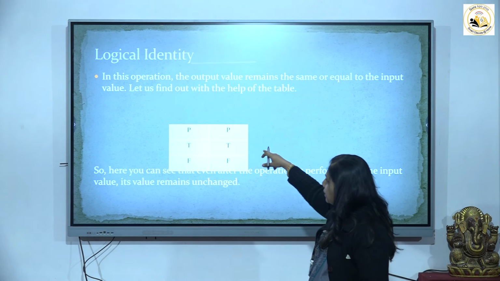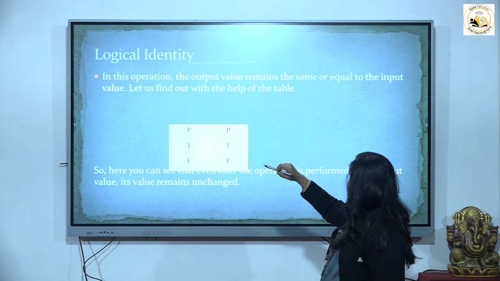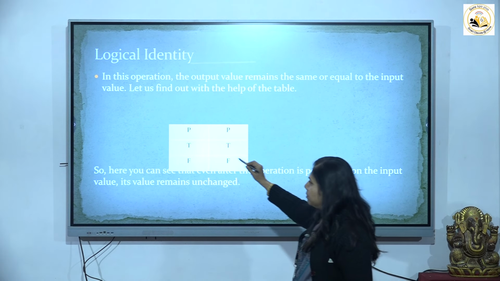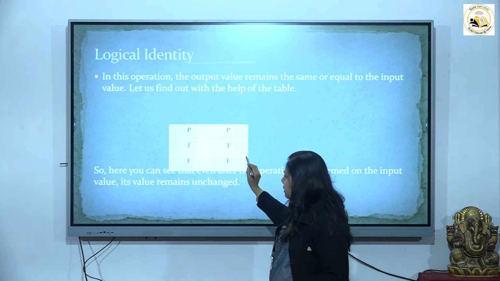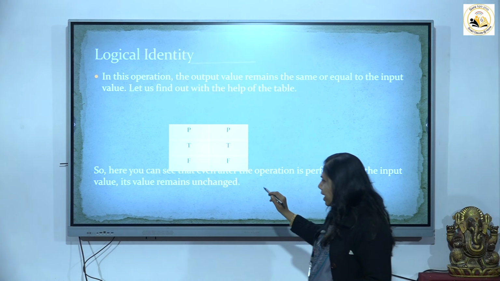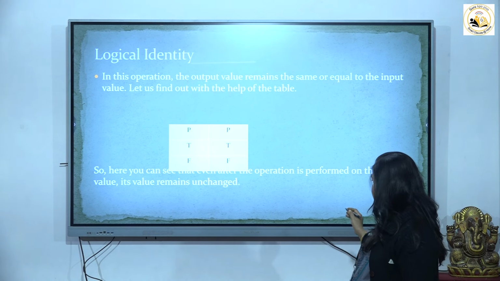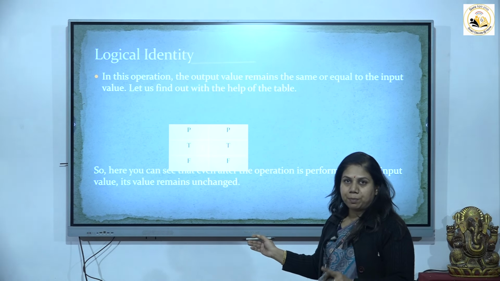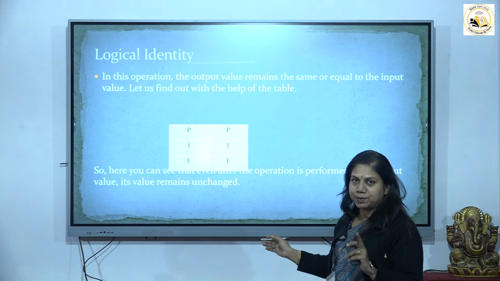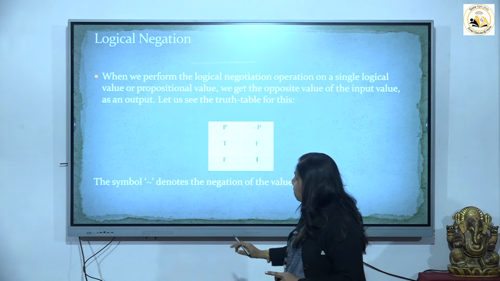Again, in this operation the output value remains the same or equal to the input values, means if we give true then result is true, false then false. So here you can see that we have some operations performed here where only a single proposition, single statement results we are using.